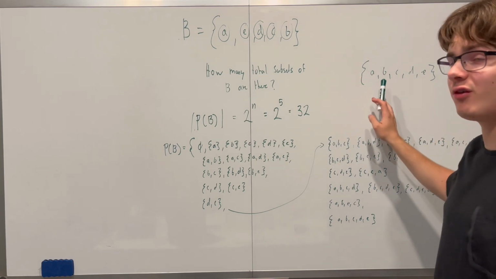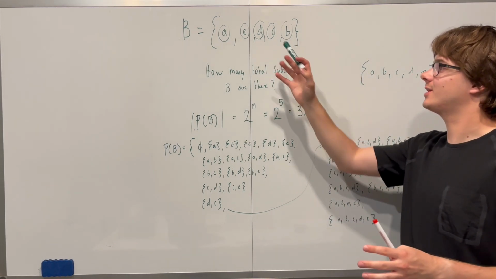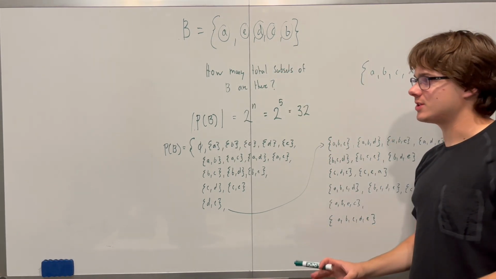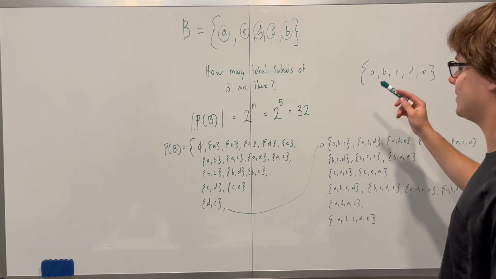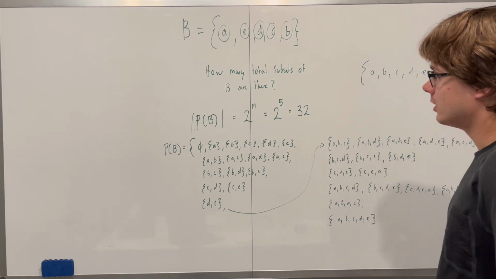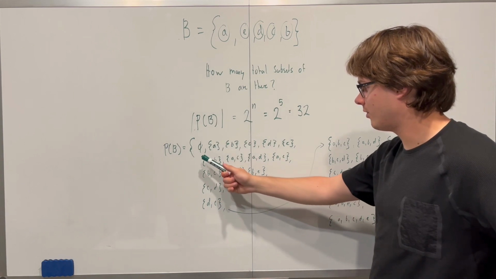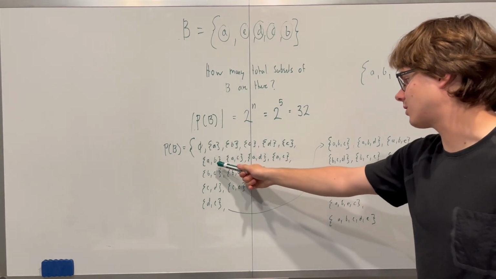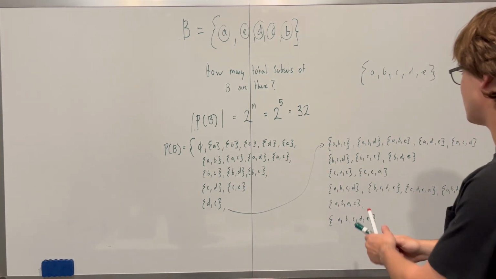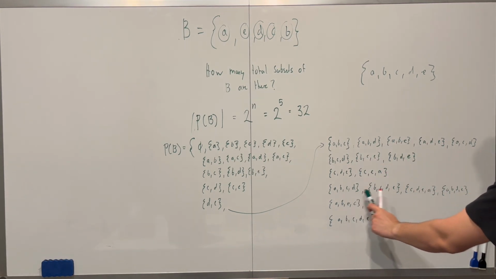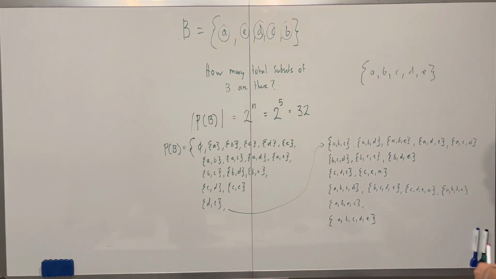I rewrote it alphabetically. I know I said I want you to get used to this, but when you are writing out every single subset, this makes it easier to see all of them. So we have the set of only ones, the set of only twos, the set of pairs, the set of triples, the set of quadruples, and of course the set of all of them.